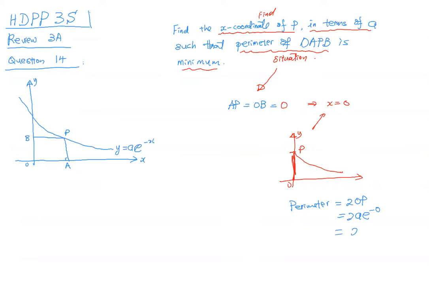That is 2A. So are you sure this is the minimum perimeter? Oh, no. So if you write AP equal to OB, then that implies X equal to 0. Did you solve the problem?